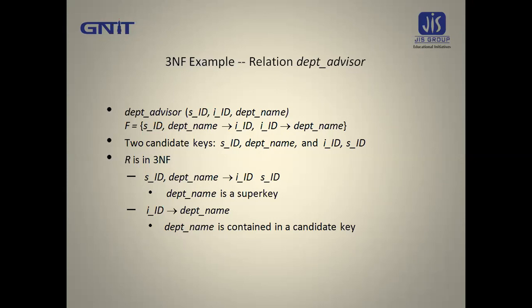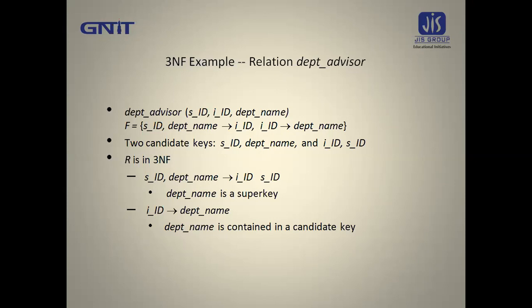And we can say that SID, department name implies IID, SID, and SID department name is a super key. But IID implies department name. Here department name is contained in a candidate key.